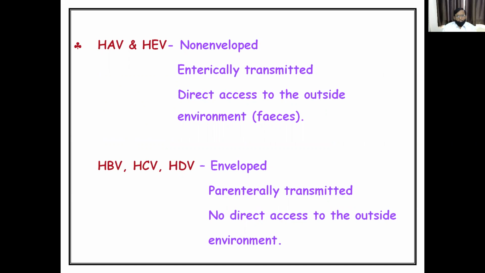HAV and HEV are non-enveloped viruses, enterically transmitted by the orofecal route. So there is a direct access to the outside environment, that is feces. HBV, hepatitis C virus, hepatitis D virus are enveloped viruses, parenterally transmitted by injection.